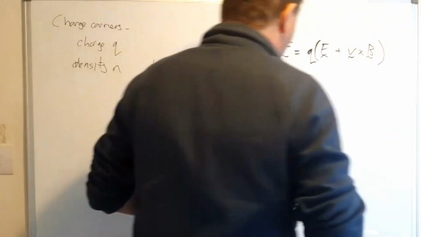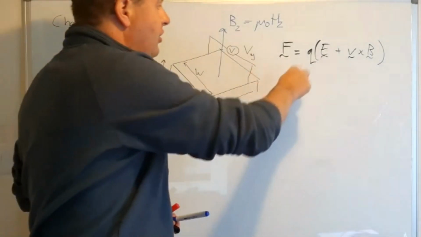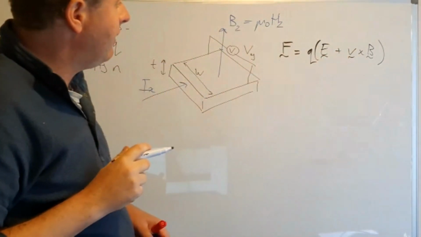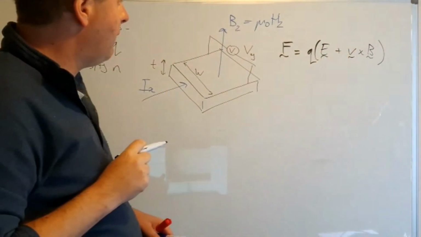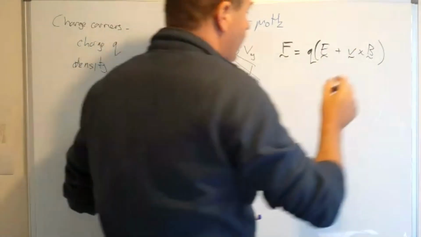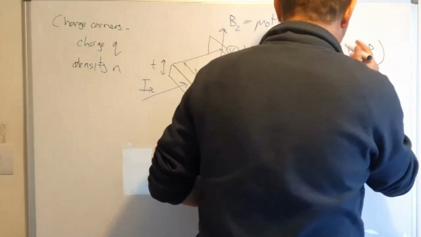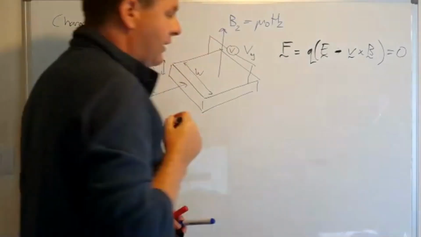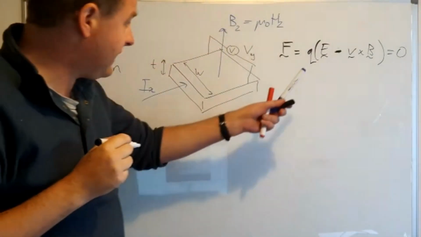The force is just the charge q times the electric field vector plus the velocity cross the magnetic flux density, the Lorentz force. And strictly speaking, that should be a minus sign, and that should equal 0 in the steady state.